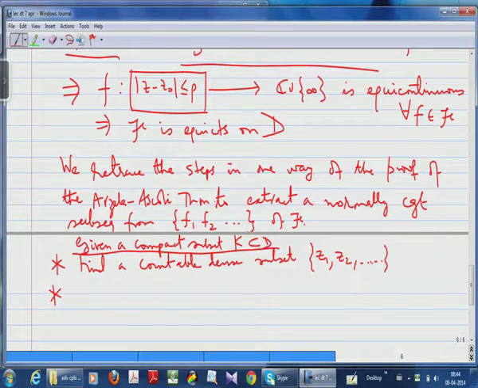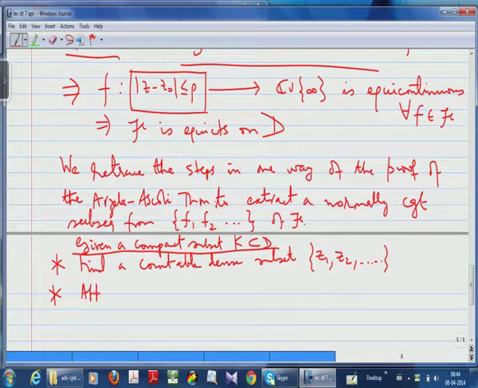Now I will apply the sequence to z1, and I will get a convergent subsequence. Why is that? If I apply these functions, I am going to get a sequence of points on the Riemann sphere, which is compact. Therefore, it's sequentially compact, and every sequence gives me a convergent subsequence. You see, so it works.